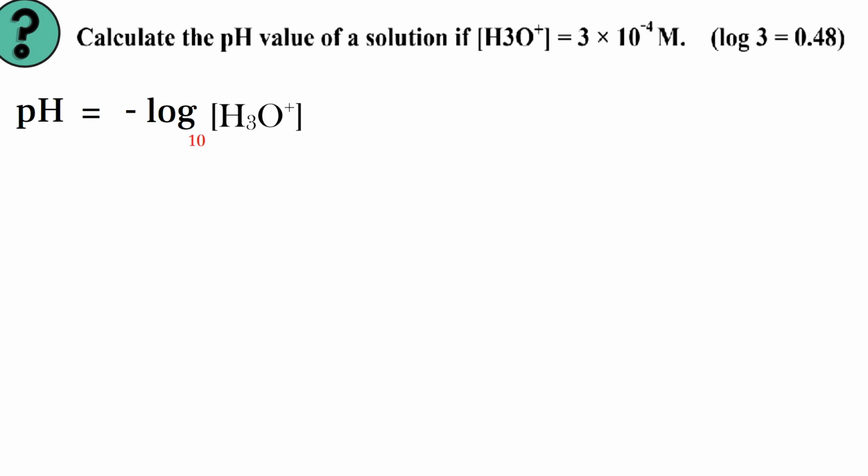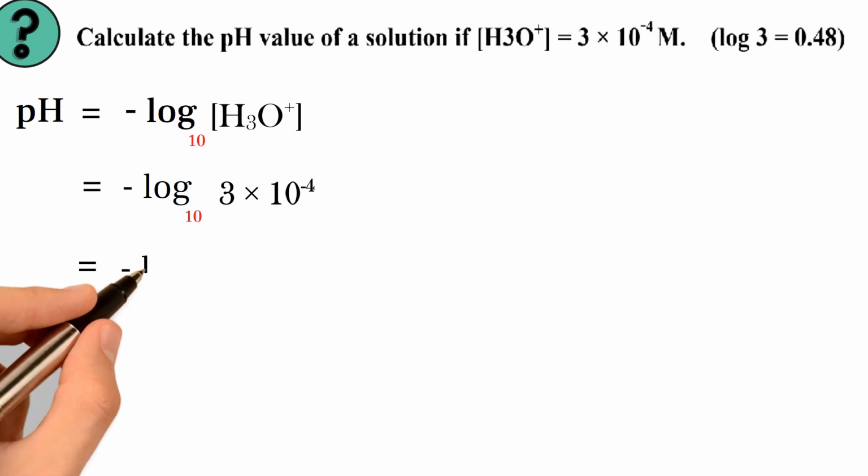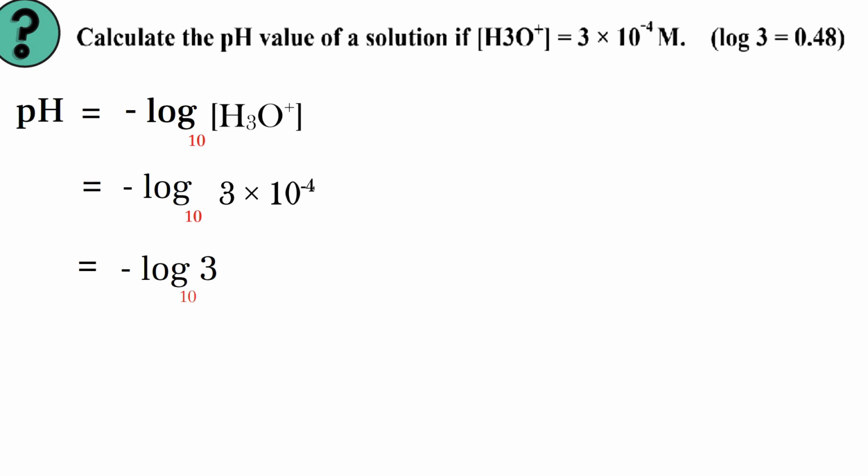Using the pH expression, and distributing the negative logarithm gives the negative logarithm of 3 minus the logarithm of 10 to the power of negative 4.